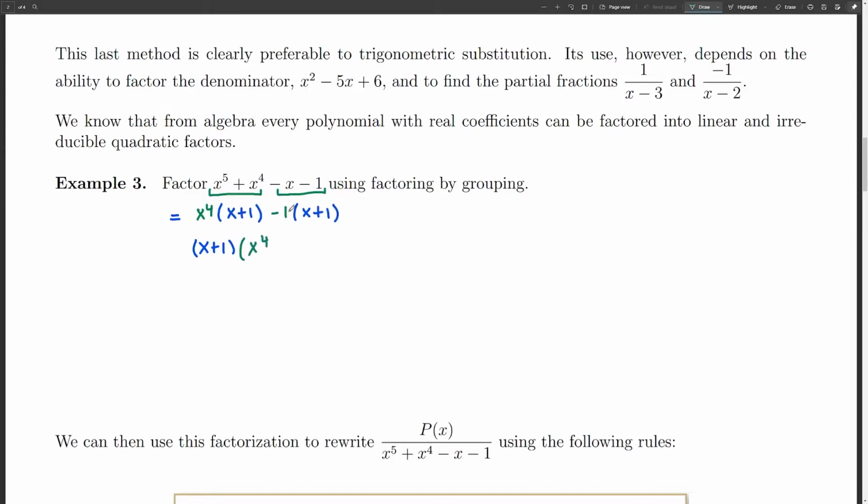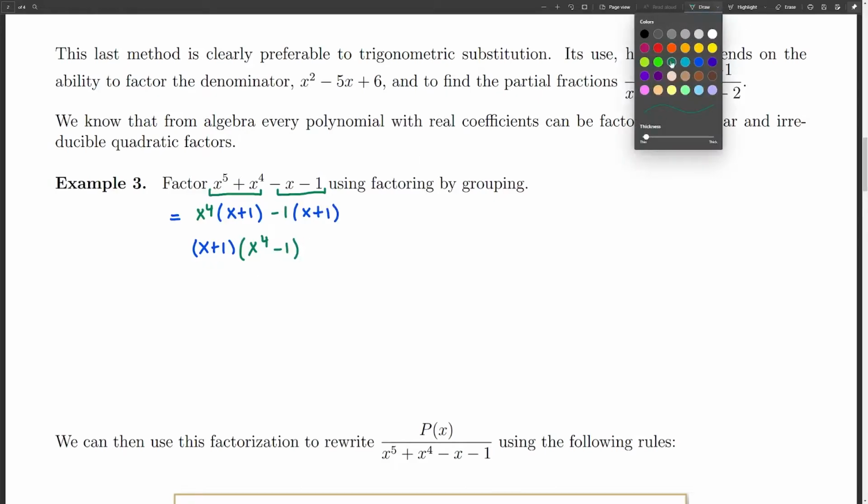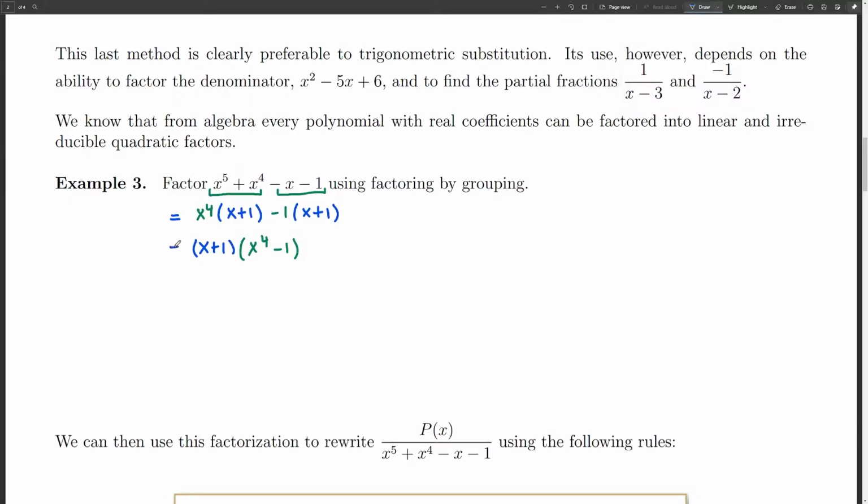And if we remove the x plus 1 from the second group, we're left with minus 1. So we've taken our first step in completely factoring this expression. We now have that the expression is x plus 1 times x to the power 4 minus 1.